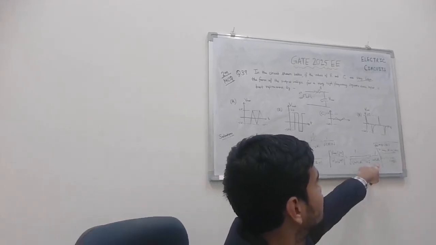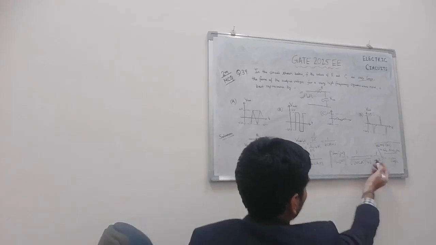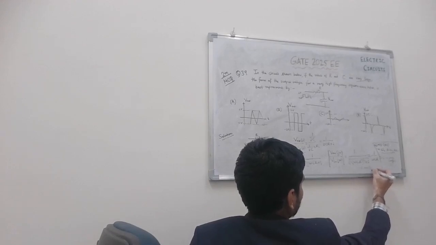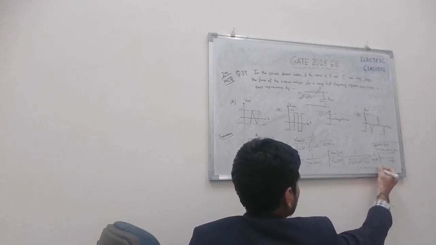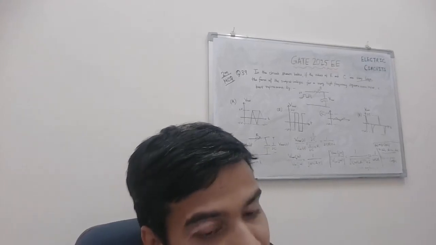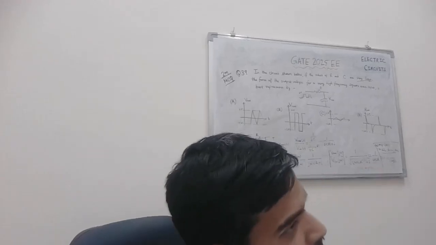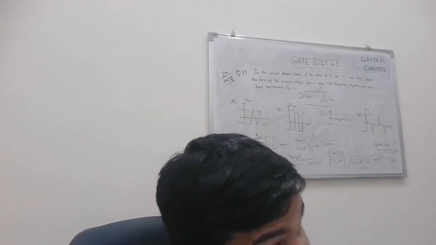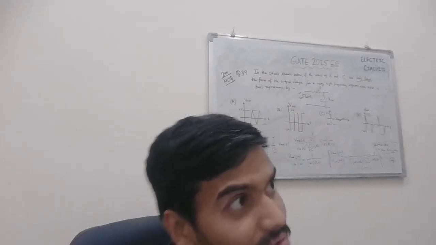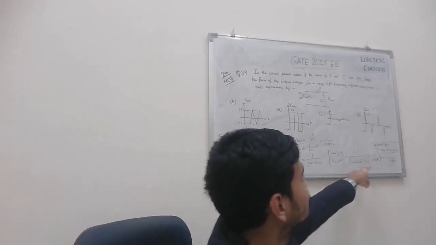Now 1 by omega RC will also be very small, so the gain will be small. As the frequencies go higher, it will reduce further. In the Fourier series, the magnitude of the input voltage components also reduces as the frequency increases, so automatically this will reduce.